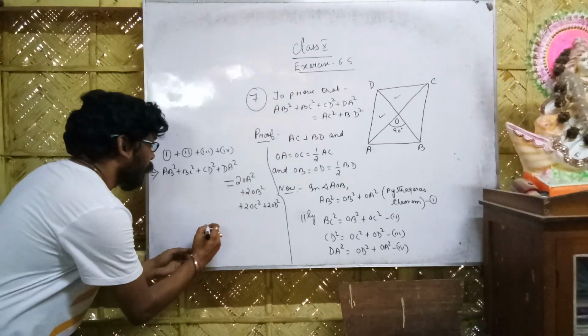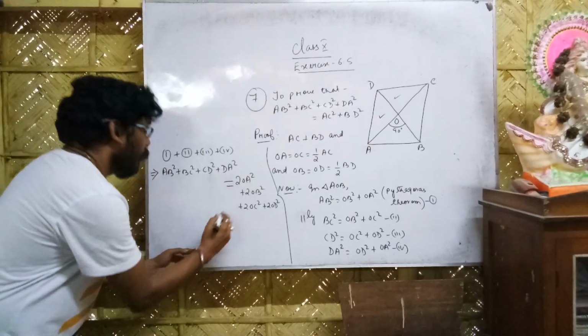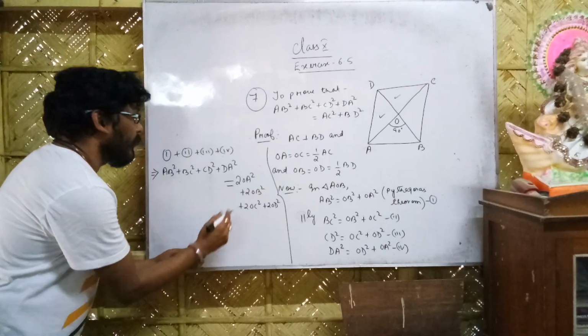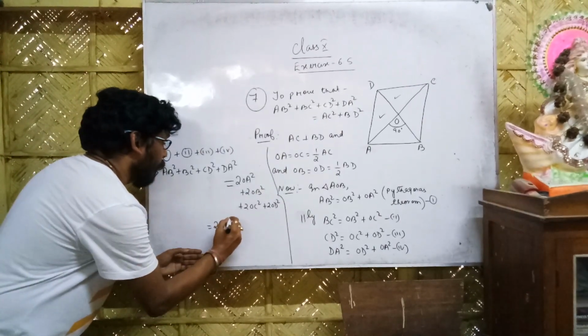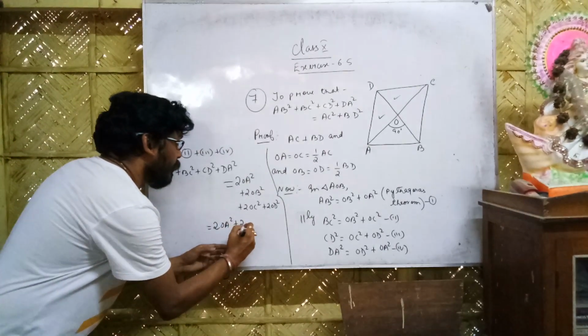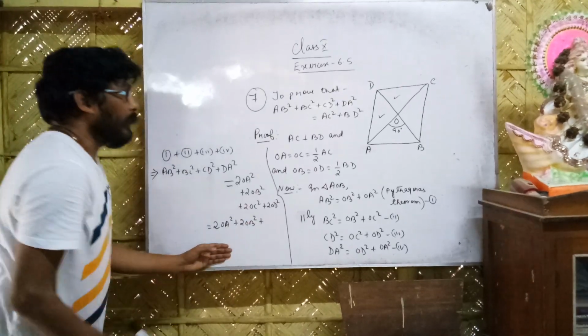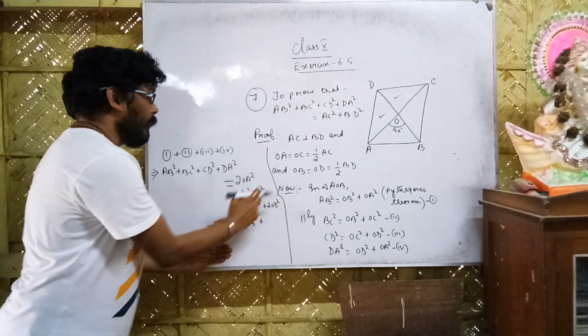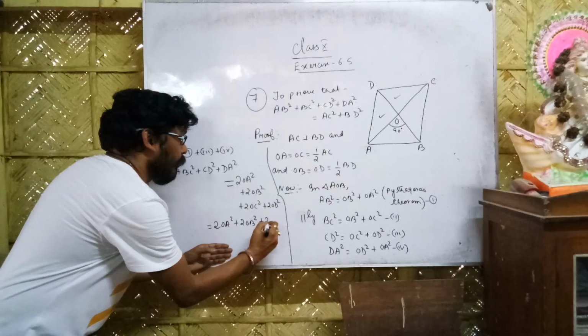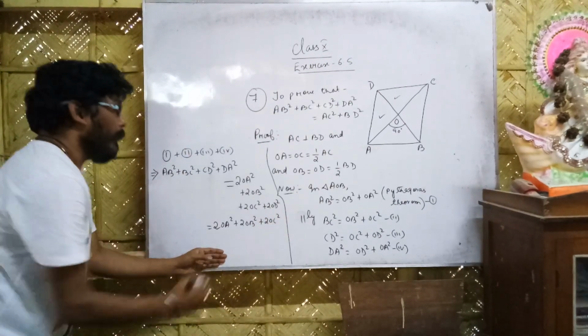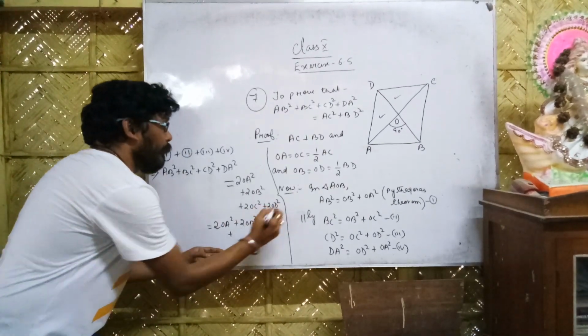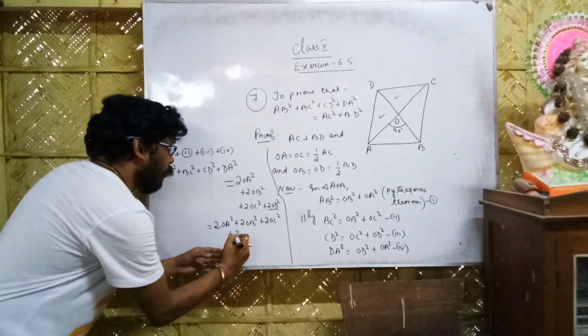Now the right hand side you have to fulfill. So 2OA square plus 2OB square. Now see, here we have written OA equal to OC, so in place of OC square we can write 2OA square. Same way, in place of OD we can write OB, 2OB square.